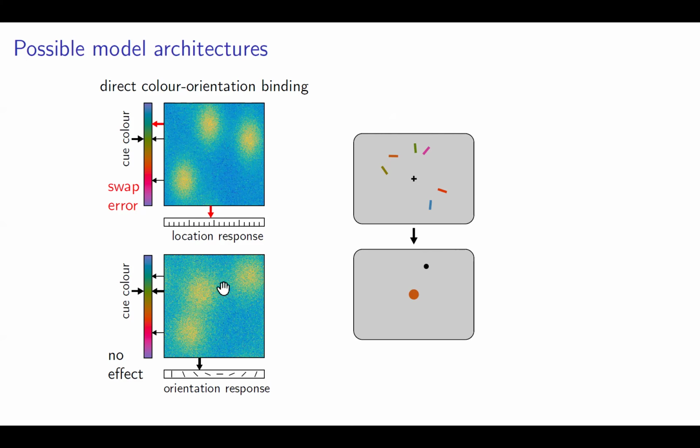In the case that we have these separate representations for all feature conjunctions, the orientation response shouldn't be affected by this error occurring in the location response. They still have the cue color and can associate it directly with the orientation, so most of the time they should still report the correct orientation, although it might of course happen that they make another swap error there as well.